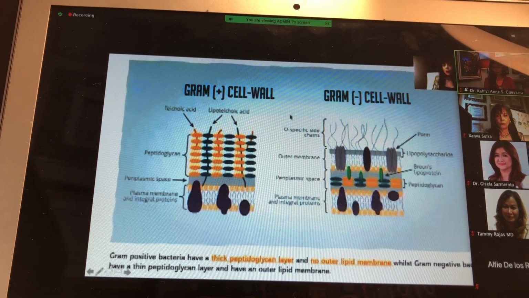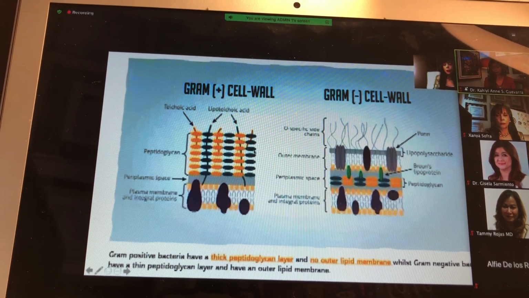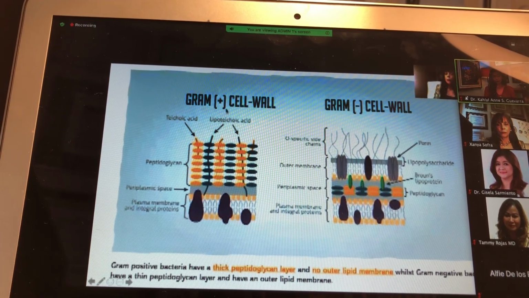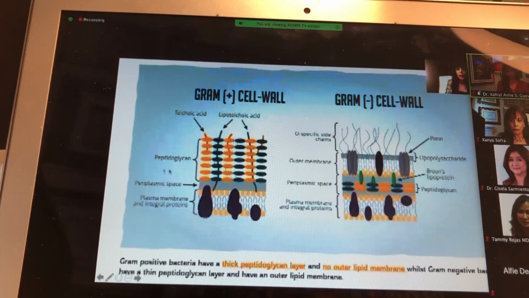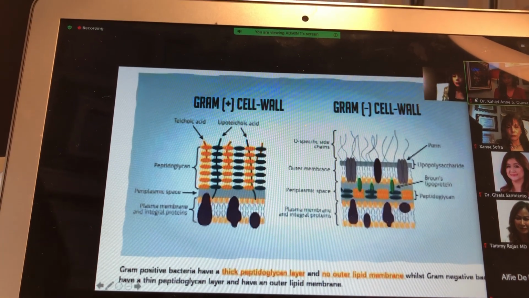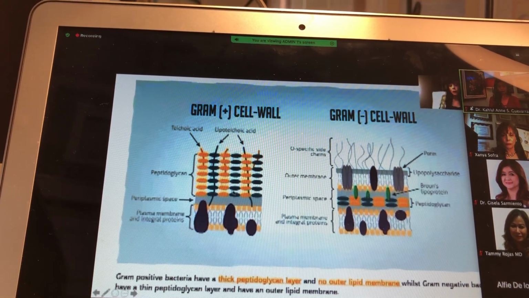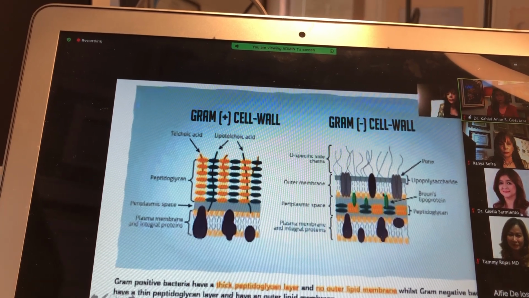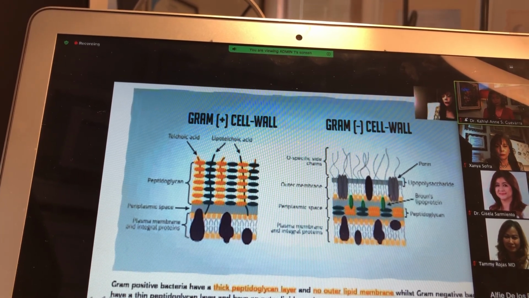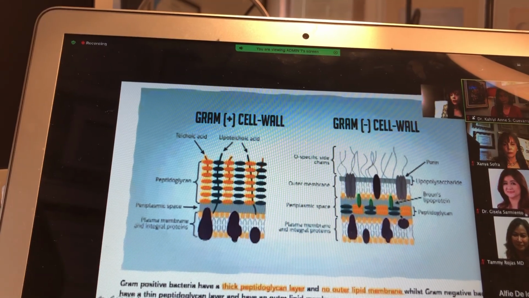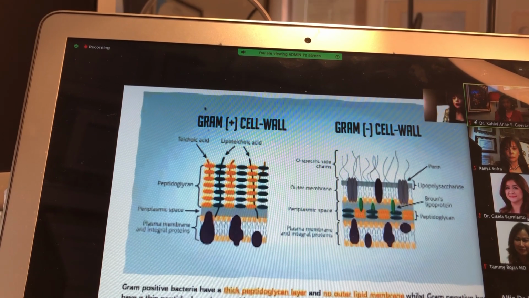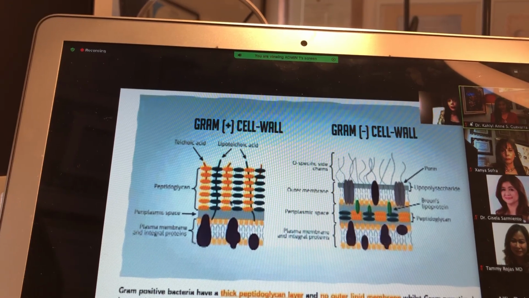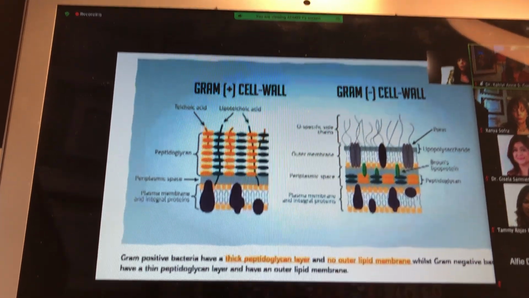Here you see the gram-positive cell wall, which has a very large peptidoglycan layer, as you can see, compared to the gram-negative cell wall where the peptidoglycan layer is very small. So there is a whole different structure that gives the gram-positive result.